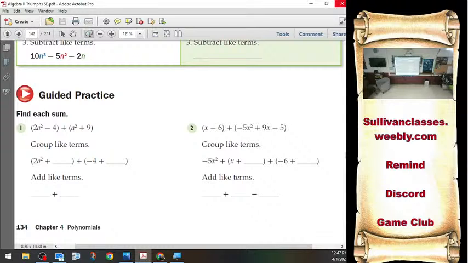Now they're running us through very slow. They're making us write out everything. They're making us put in all these blanks. We don't have to do it this low and slow after the fact. But right now, we're going to use that so we just make sure everything's going right.